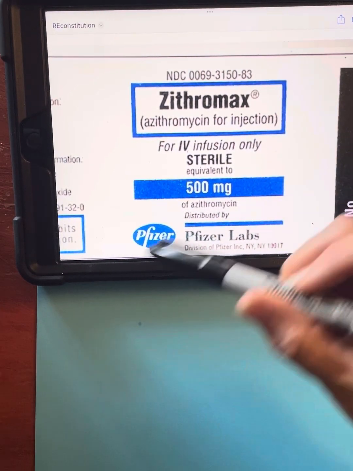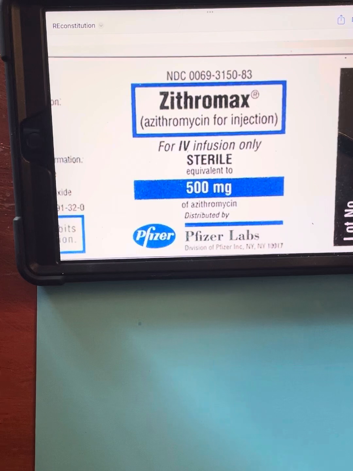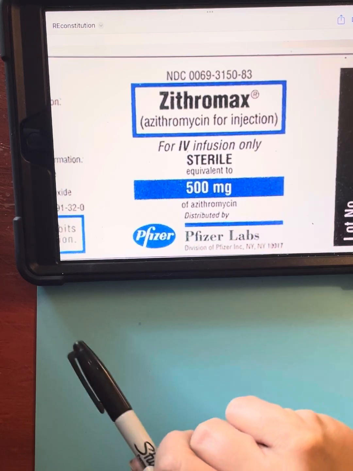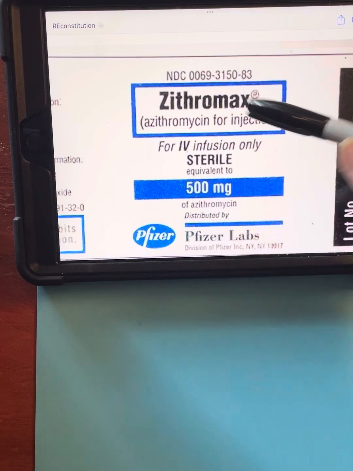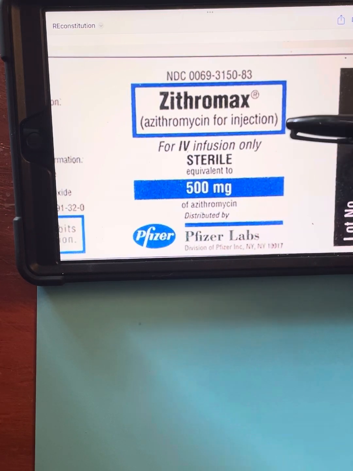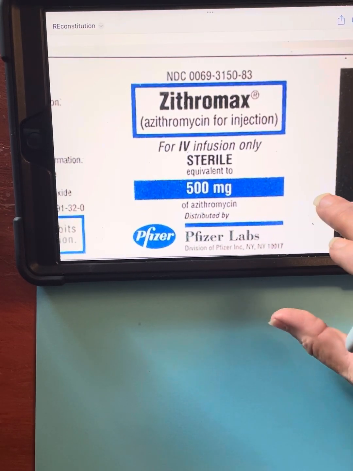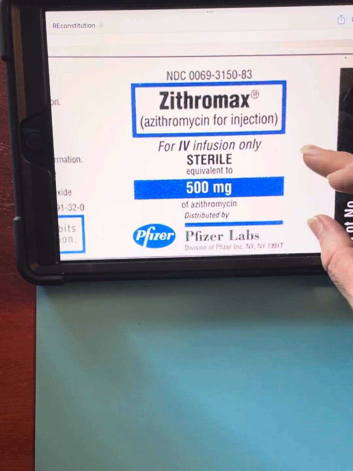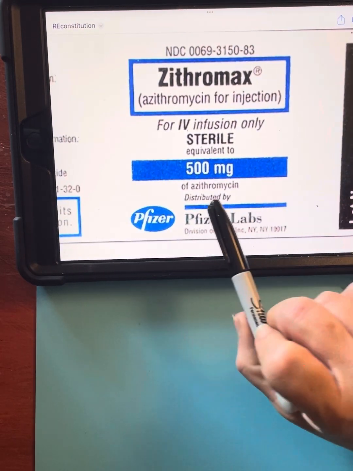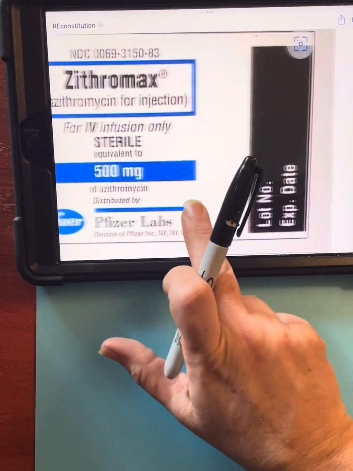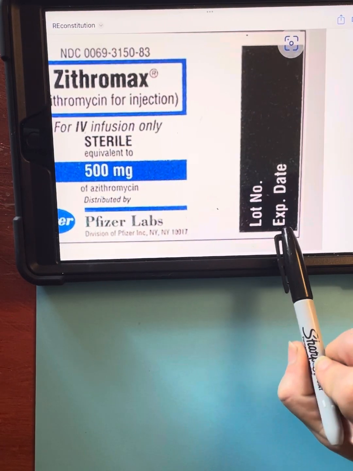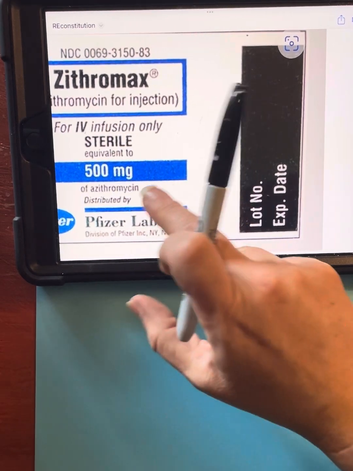So if she gives you a problem on the test and you have a bunch of these labels that you have to choose from, you got to pay attention to whether it's oral or IV, and you need to pick the correct label. And this whole thing is 500 milligrams. Look, it's even got the lot number and the expiration date of the powder right there.